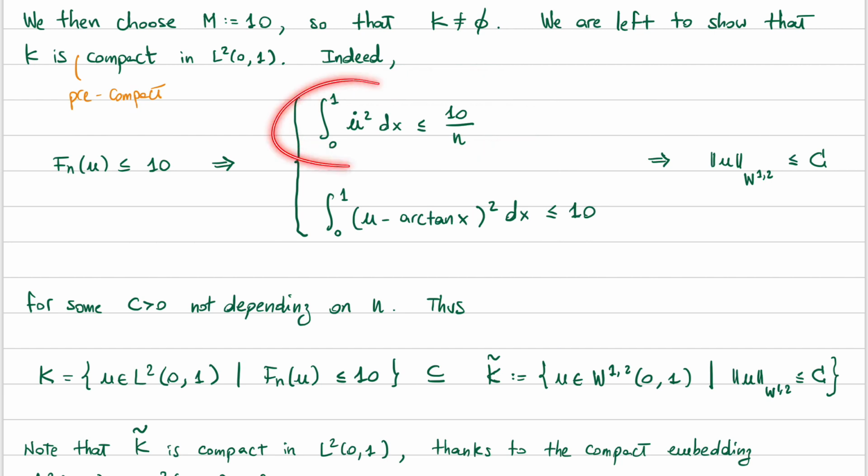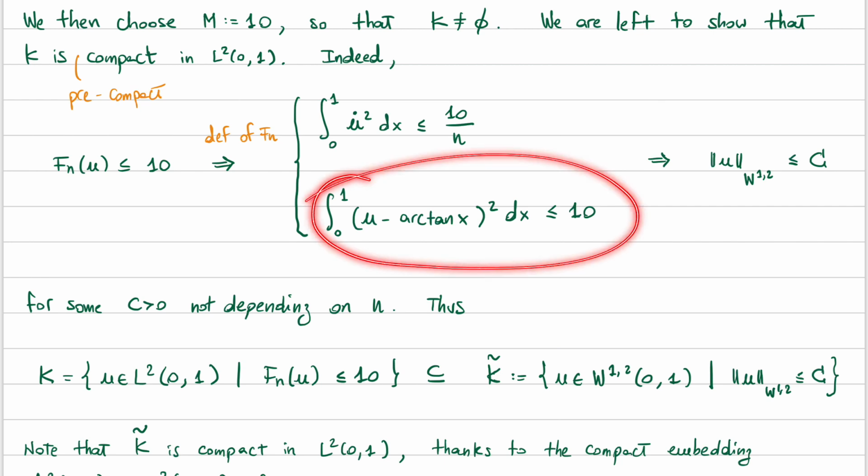Then, since this is the first term in our functional and this is the second term in the functional, by definition of Fn you obtain, number one, that the integral of u dot squared is less or equal than 10 over n.